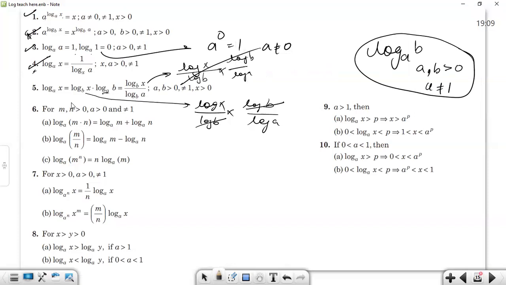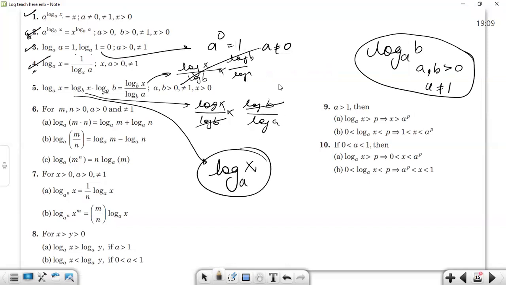Now this property's importance is that when we are discussing any logarithm, we can change it to a base of our choice, of our convenience, with only one condition, that b should be positive.